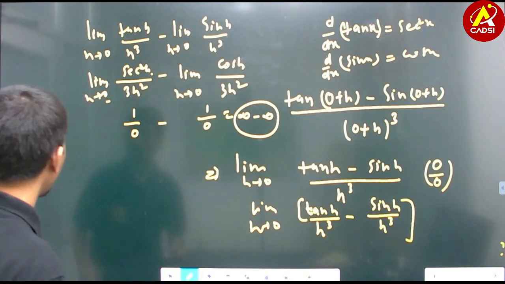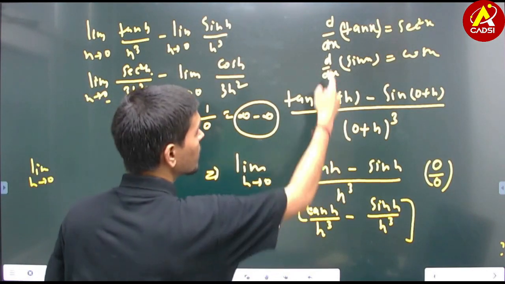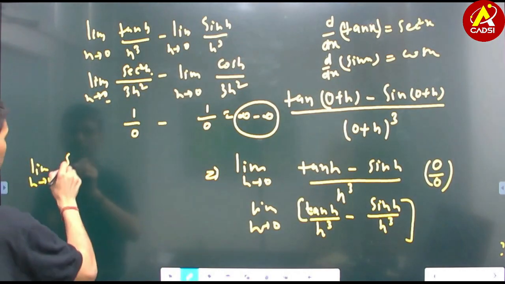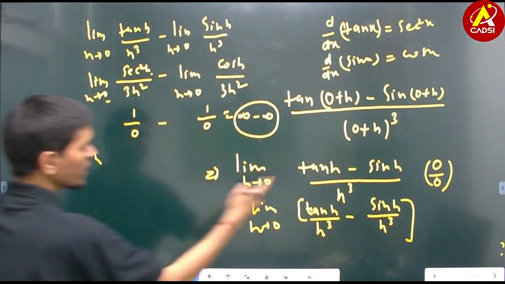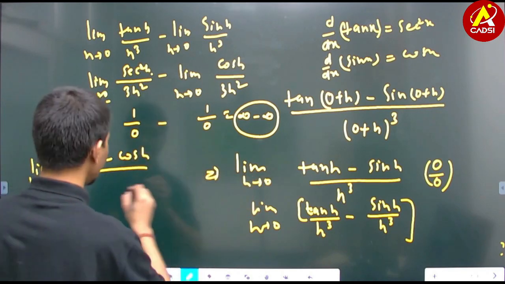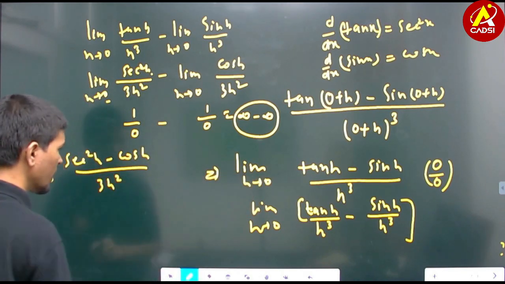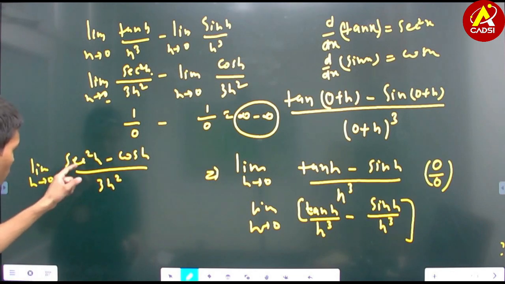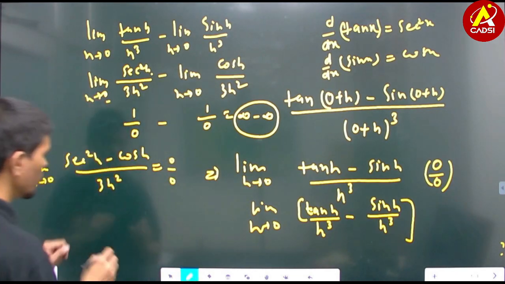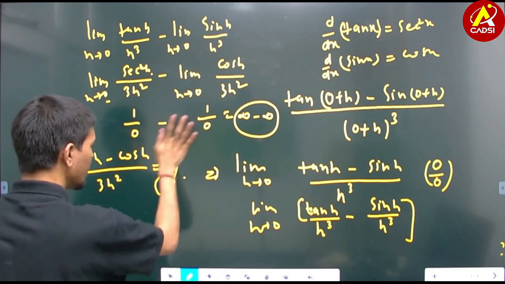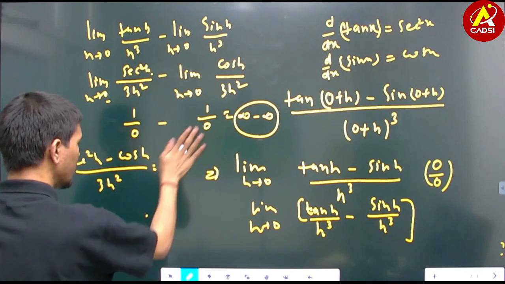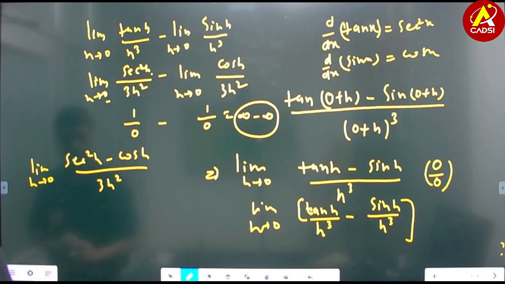So we take the derivative of this: tan h, this is sec square h minus cos h, upon 3h square, okay. Then 1 minus 1 is 0, upon 0. So we can also use the derivative concept, that is, L'Hospital's rule.